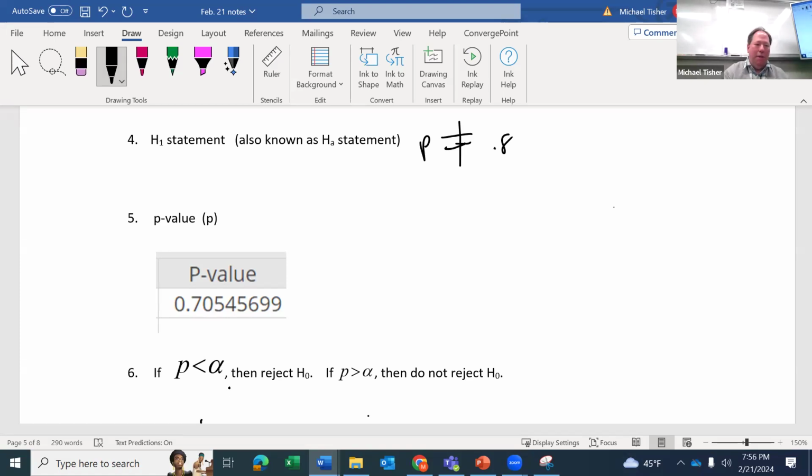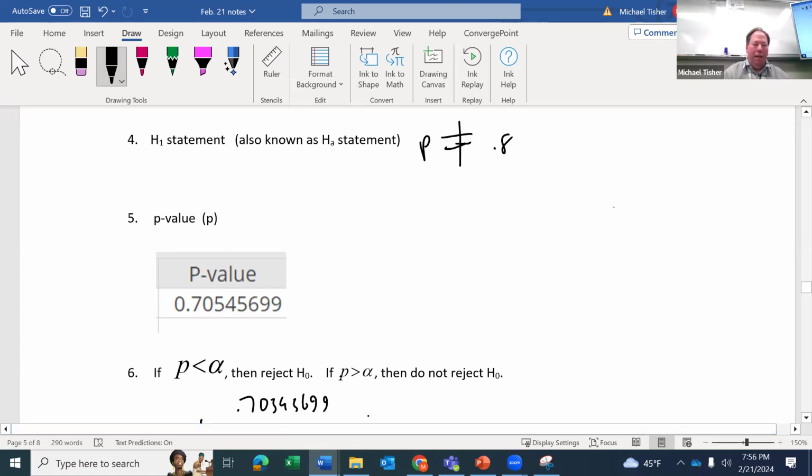Well, let's see. So p-value is 0.7054 for 5699. Okay, now that's saying that there's a 0.7054 chance that the H0 may still be true. So in that case, should we reject it? No, because that's a high chance.